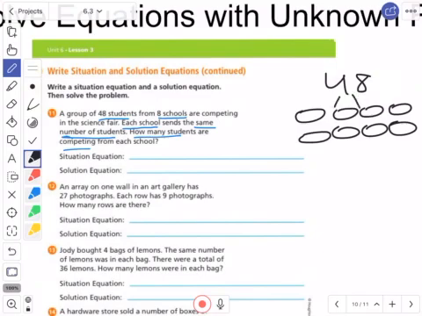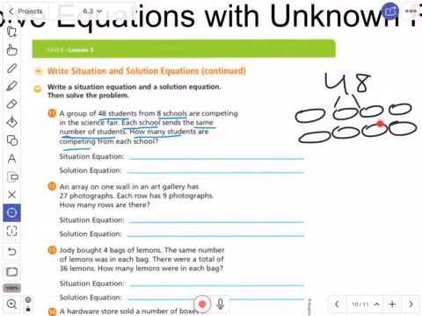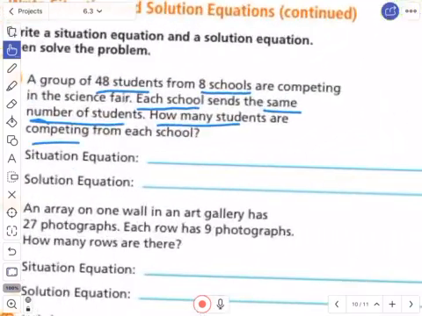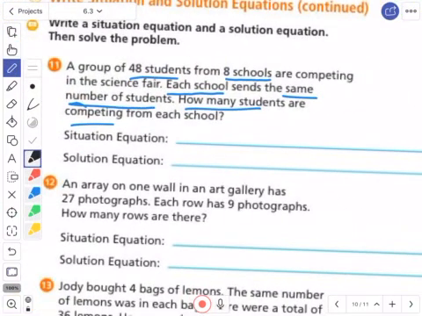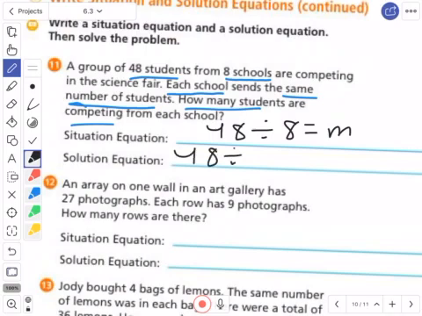So really I have to take that 48 and split it into 8 groups. And if it's split, and it does say each, I know that is going to be division. 48 divided by 8 equals M. So I have to figure out what M would be. Well, 48 divided by 8 equals 6. So 6 students.